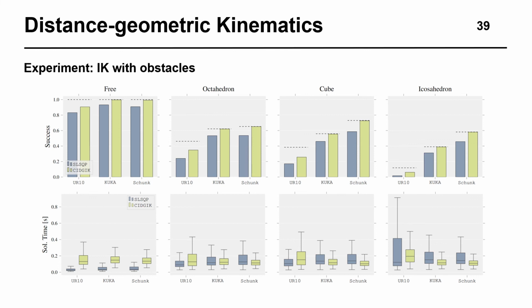The yellow bars represent the results obtained by our method, while the blue bars represent results obtained by a conventional solution method based on joint angles. Our method achieves a noticeably higher success rate, solving almost 100% of the feasible problems in all environments, while maintaining a relatively low solution time that does not scale significantly with the number of obstacles.